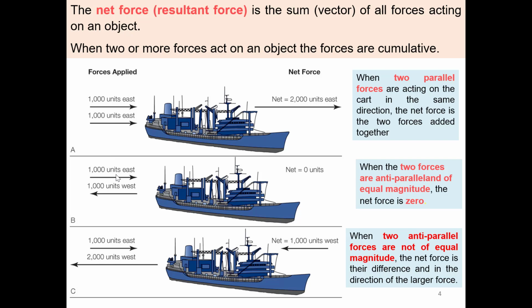In the other case, if we had antiparallel forces that are not equal in magnitude, we subtract the smaller magnitude from the larger magnitude, and we keep the direction of the largest force. 2000 minus 1000 is 1000, and because the vector in the west direction is the largest, the direction of the resultant force is west.